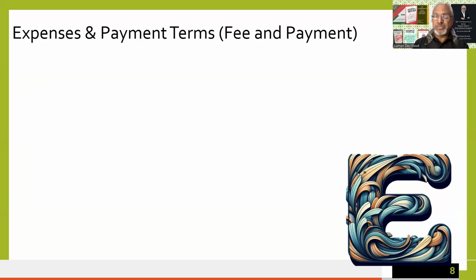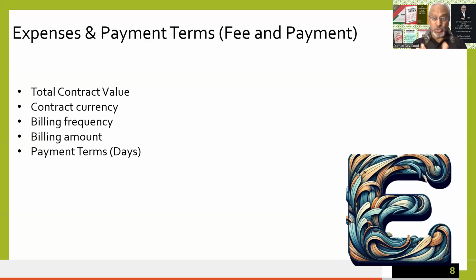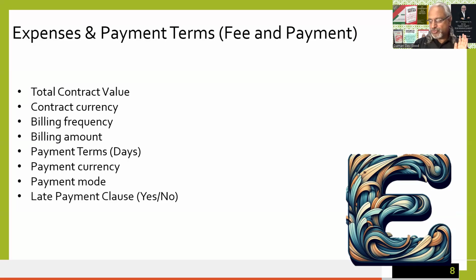E is expenses and payment. So what is the total value of the contract? What is the currency? What is the billing frequency? Billing amount every time? Payment terms, whether it is 30 days, 60 days, 90 days, or even if it's immediate. The currency of payment, the mode of payment, whether this is check or online transfer.